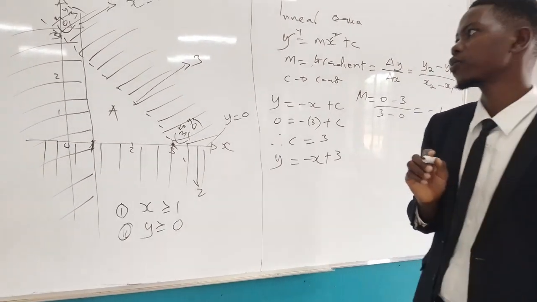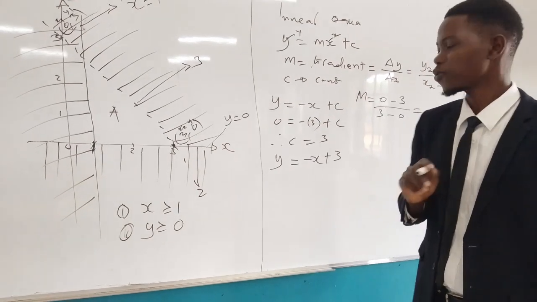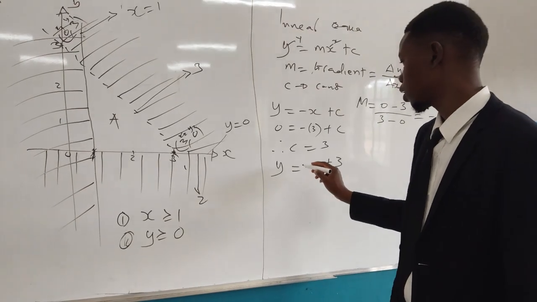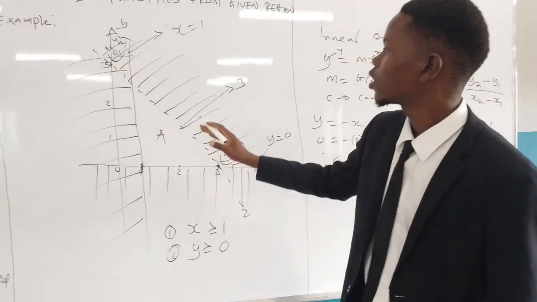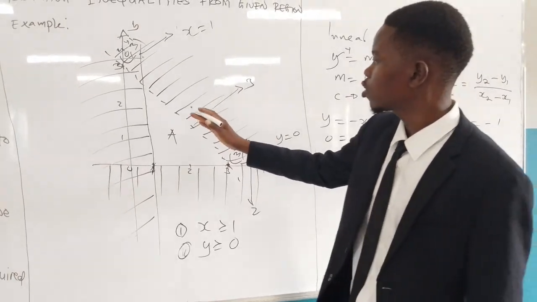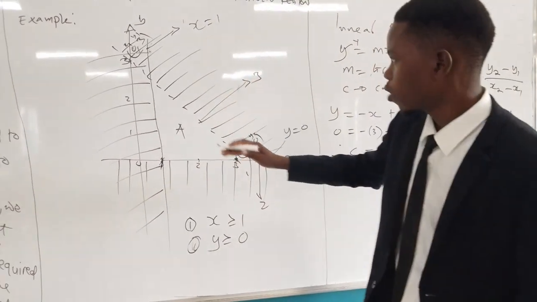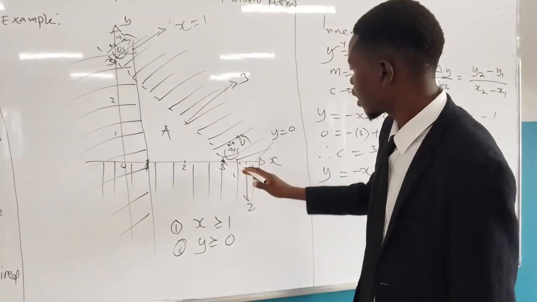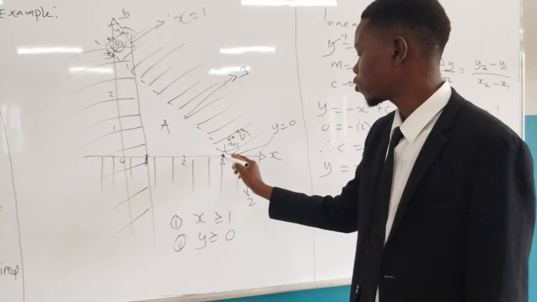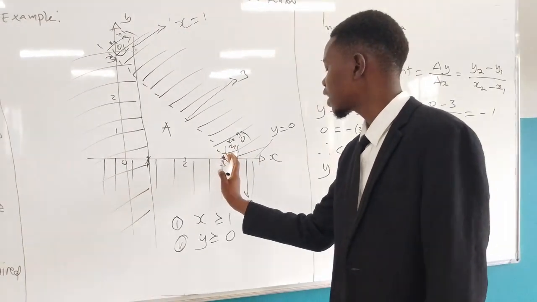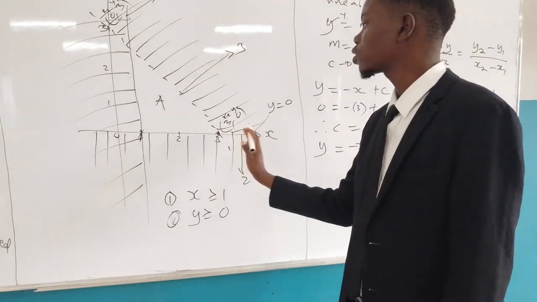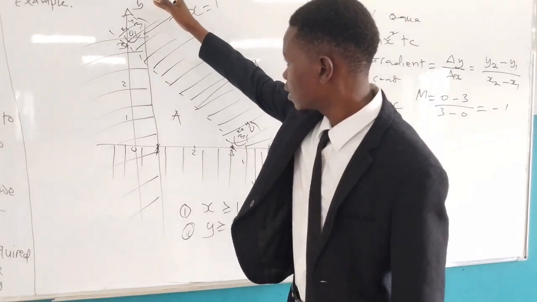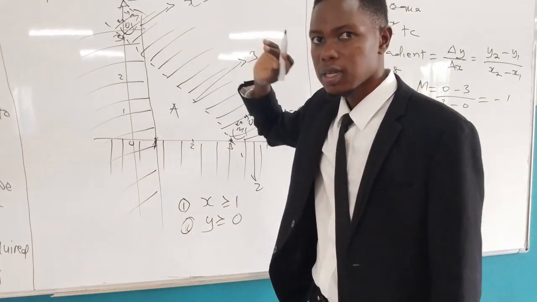But we haven't found our inequality. To come up with the inequality symbol, we have to consider the shaded region. The shaded region is this side. Since this line at the x-axis starts at 3, the numbers that are greater than 3 here are not important. Here as well, the numbers greater than 3 are not important.